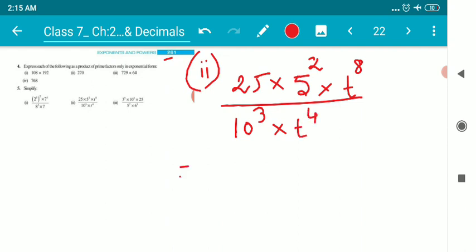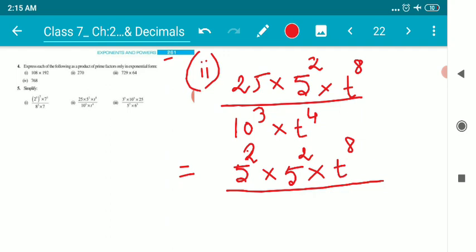Say children, how to do this? 25 can be expressed in the form of 5 square. Yes or no, children? Because 5 square means only 25. Into 5 square as it is, into t to the power 8 as it is, divided by 10 to the power 3. Don't look at the power 3.